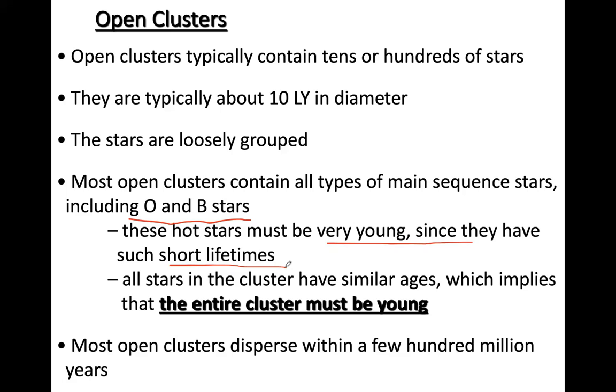But since they were all born at the same time, if you can see O and B type stars in an open star cluster, that means the entire cluster must be young, because they have the same age, though they are at different positions on the HR diagram. I hope you can understand this. If not, feel free to ask at any time so that I can explain it again using one or two examples.